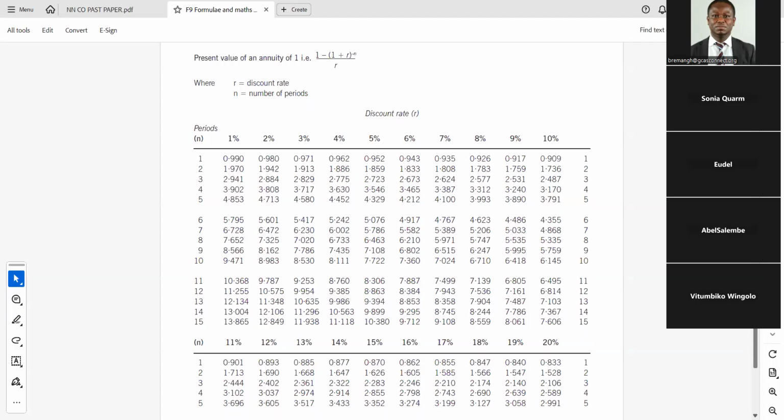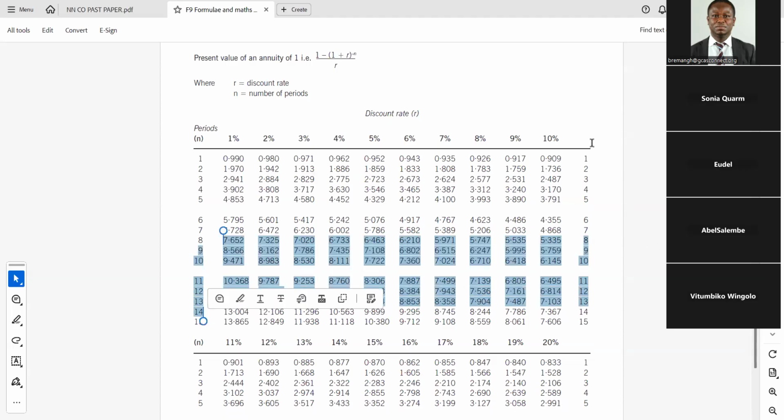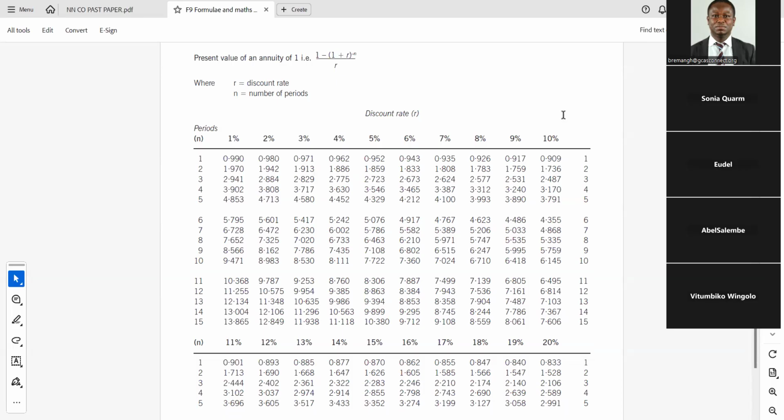So here we are looking at annuity factor. So this is the formula to calculate annuity factor. So annuity factor is 1 minus 1 plus, here the discount rate is 5%, so 0.05. For how many years? 6 years.